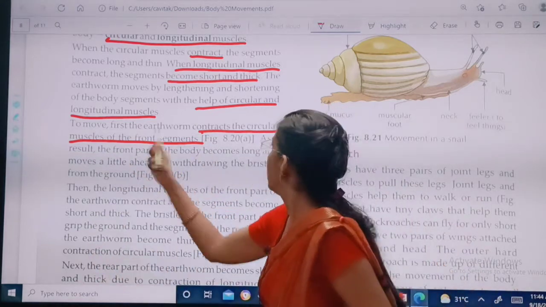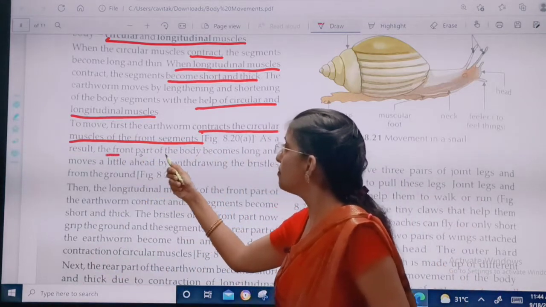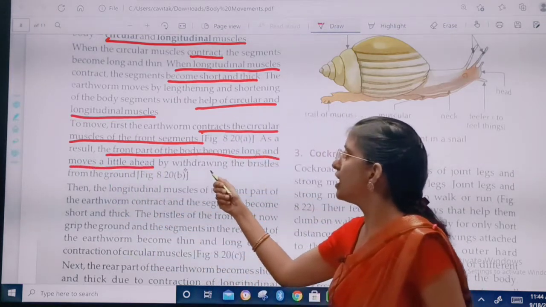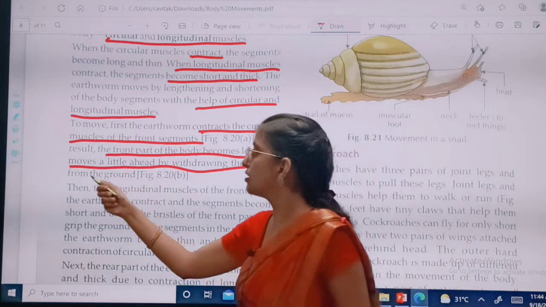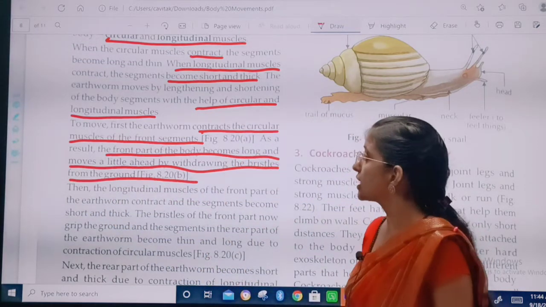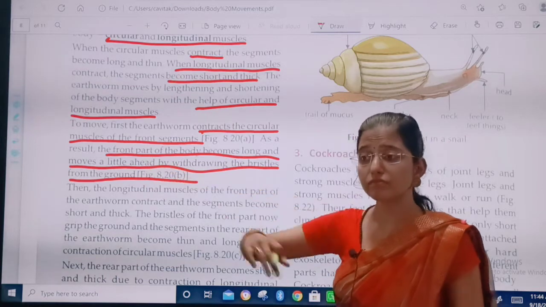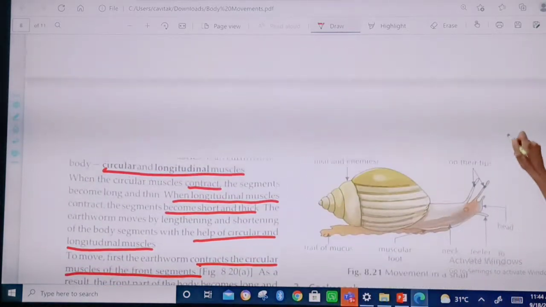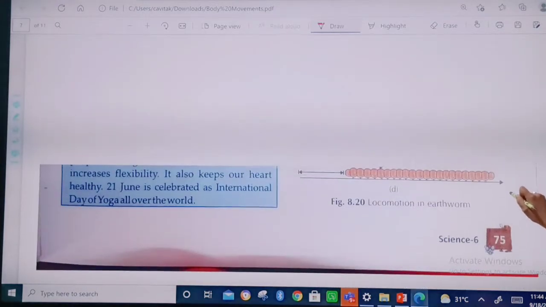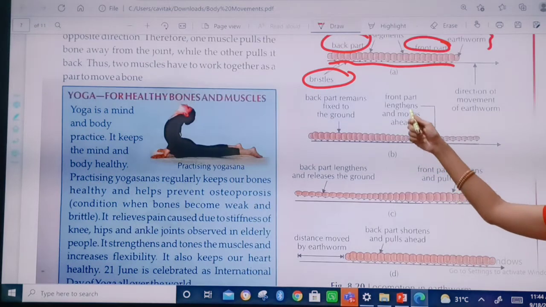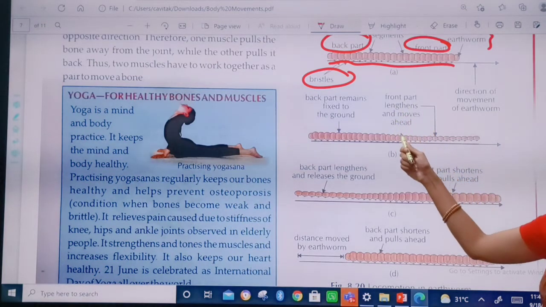As a result, the front part of the body becomes long and moves a little ahead by withdrawing the bristles from the ground. What does the earthworm do first? The front part. See, I will show you the front part. See, here it is.